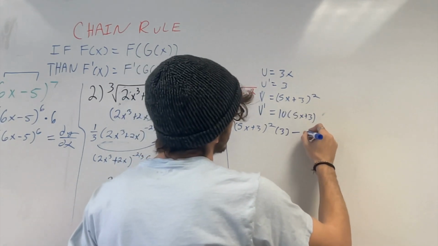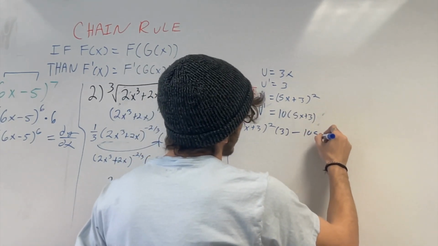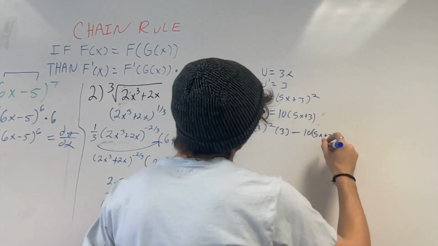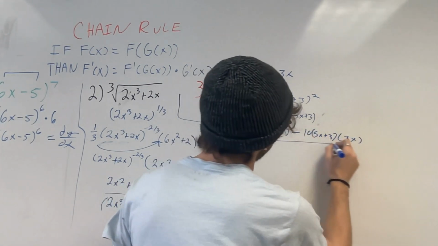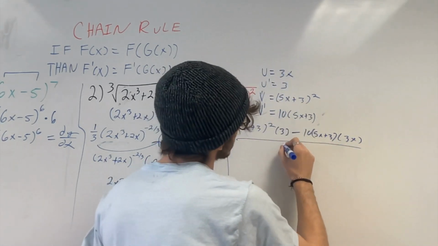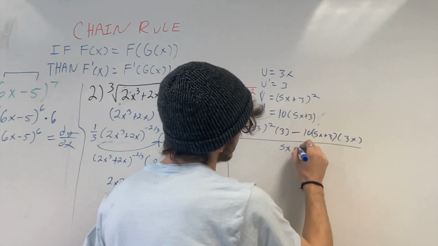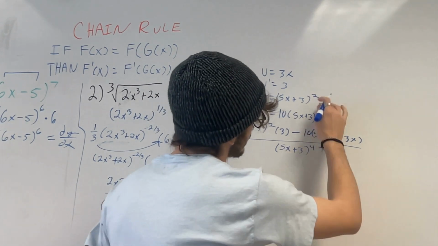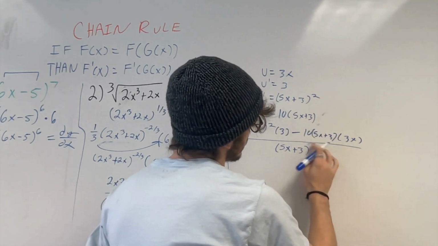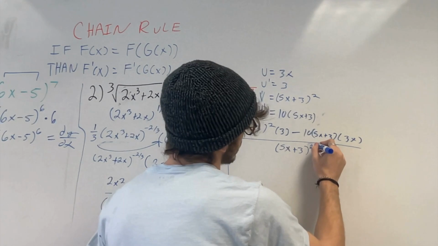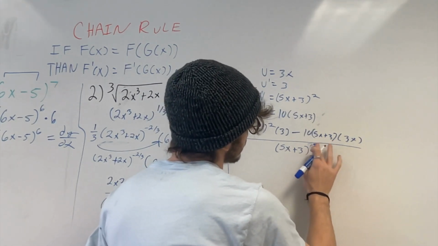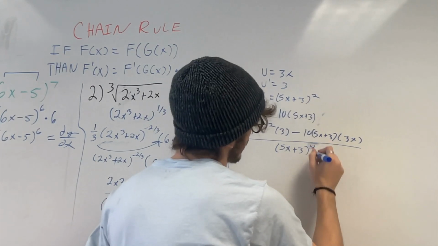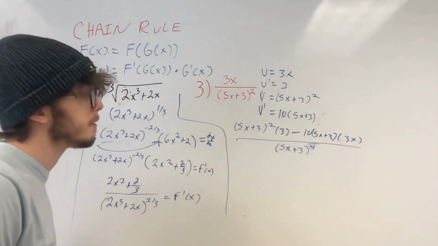Yep, we're good. 10 (5x plus 3), and then 3x. And this is all over v squared, which is (5x plus 3) to the 4th, right? Because if we have 2 to the 2 to the 2, that's 2 times 2, that's 4. Remember, your exponent rule is very important.